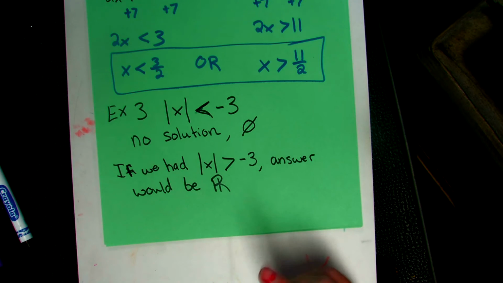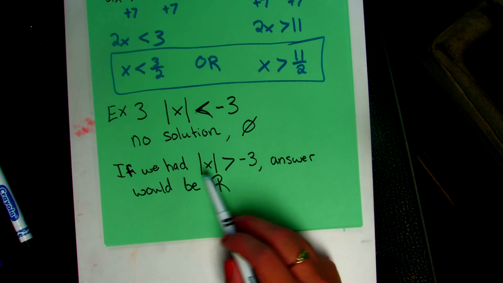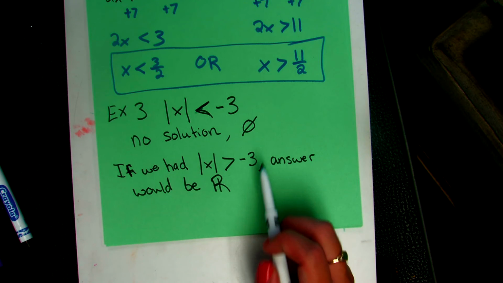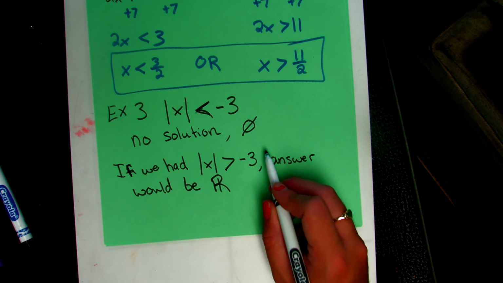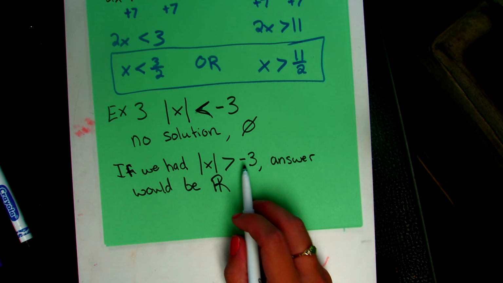Because if you think about it, no matter what absolute value you're taking, the distance will always be greater than negative 3. Because distance is always positive, it doesn't matter what you put in here, it's always going to work.